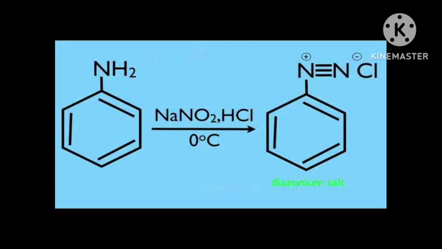Correct? And now copper you have used. Then what was the role of copper? This copper will react with these X minus, which from the molecule ArN2X, that X gone, X minus, will react with the copper and form CuX, cuprous chloride or cuprous halide.